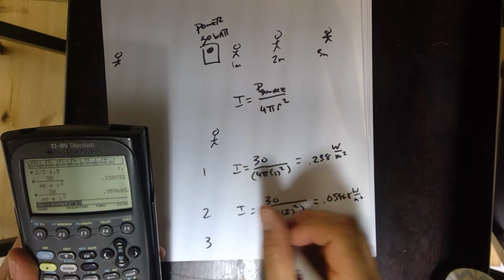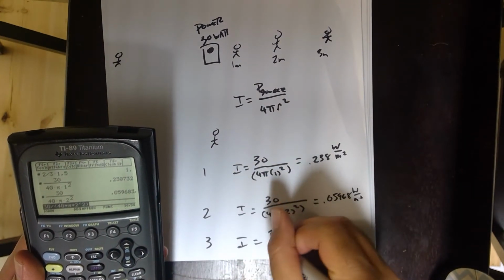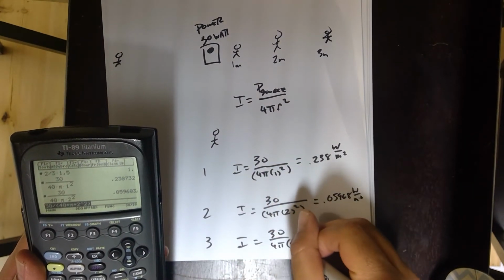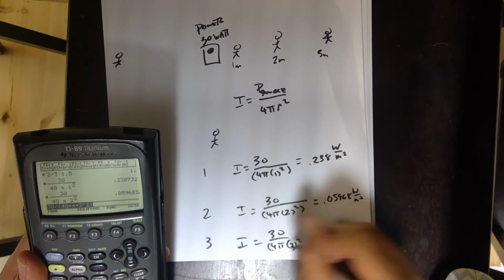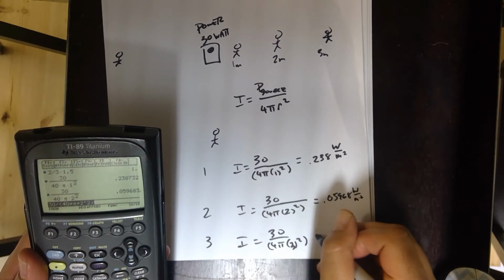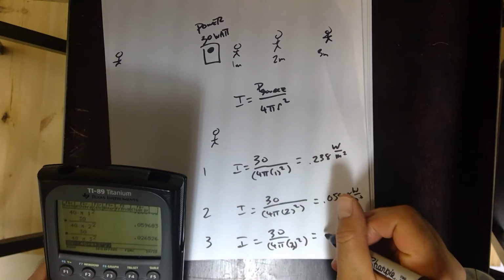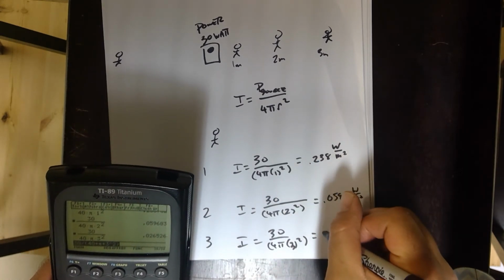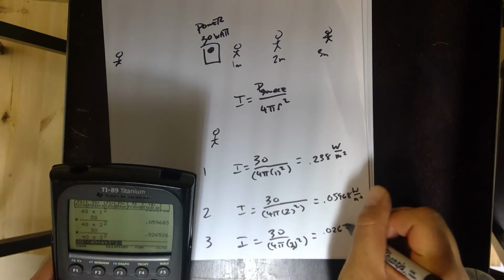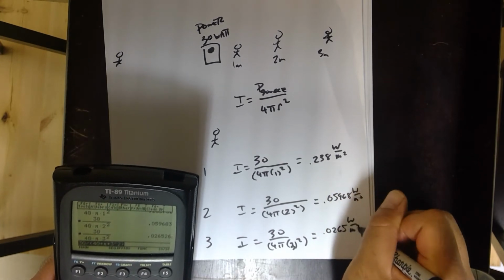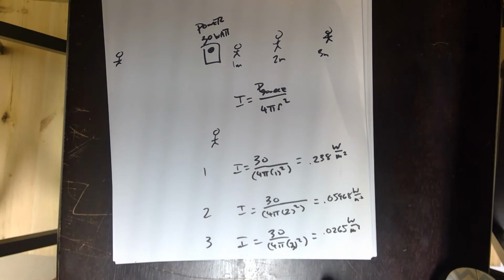We'll do person 3. 30 over 4 pi, 3 squared. And putting that number in there, they hear 1/9 of the original person, so 0.0265 watts per meter squared there. And again, that's actually pretty loud.